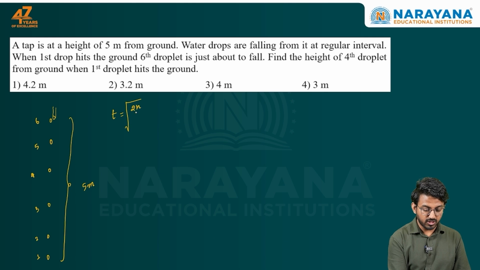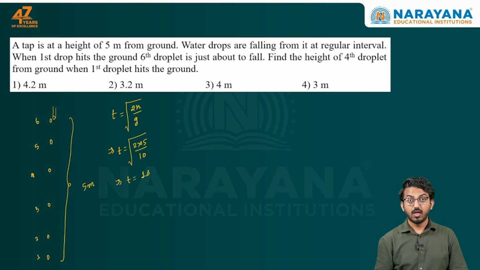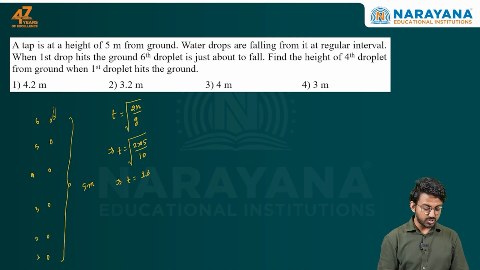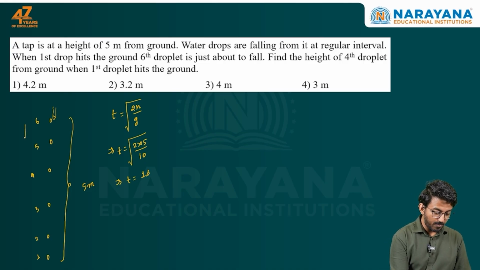root 2h over g, giving us t is equal to square root of 2 times 5 over g, which is 10 here, giving us t is equal to 1 second. So total 1 second first drop has taken to fall down, and they are saying the droplets are coming at regular interval, meaning that all of them have same time duration.